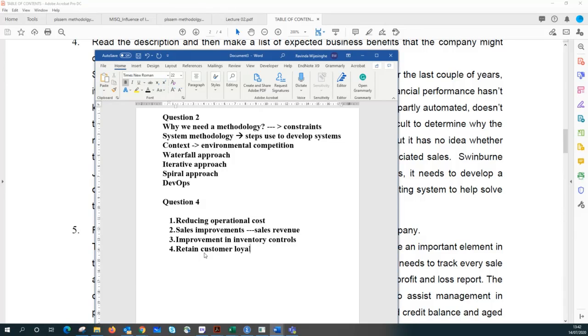That is one of the key business benefits that the company can derive, especially for this sort of high-end jewelry product.